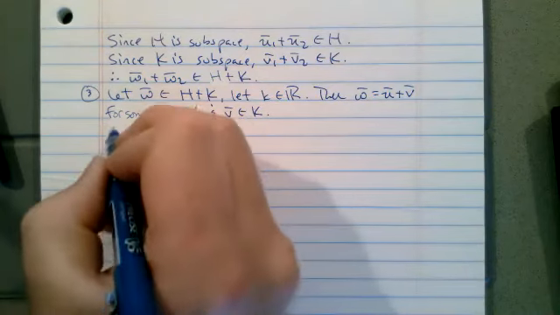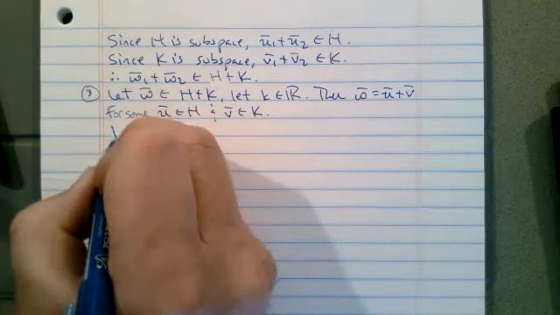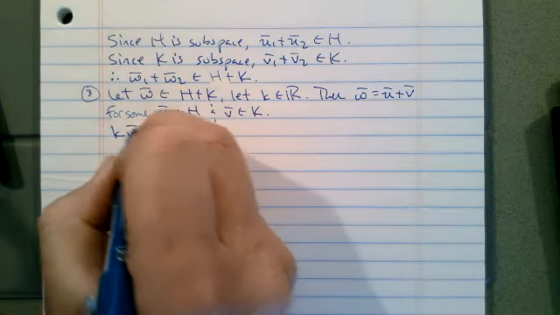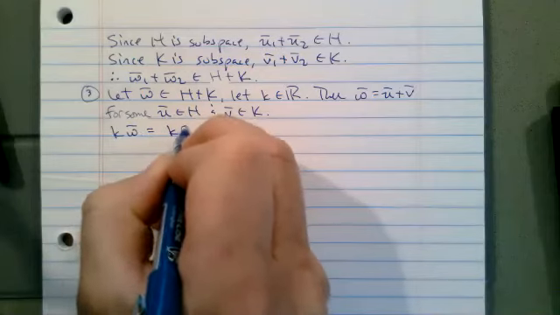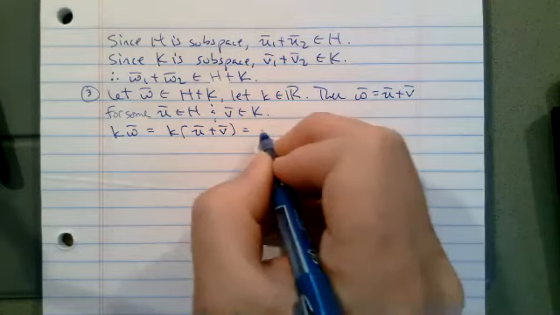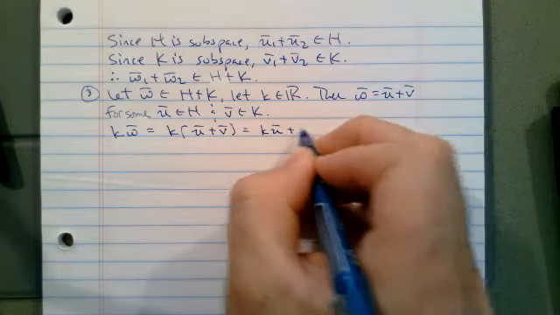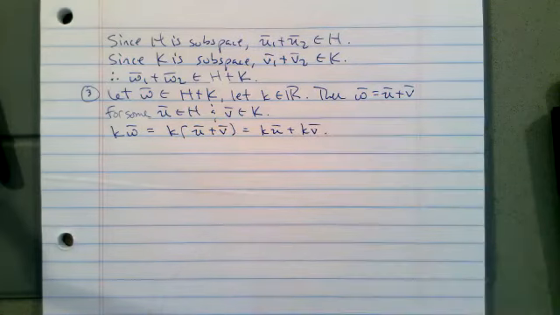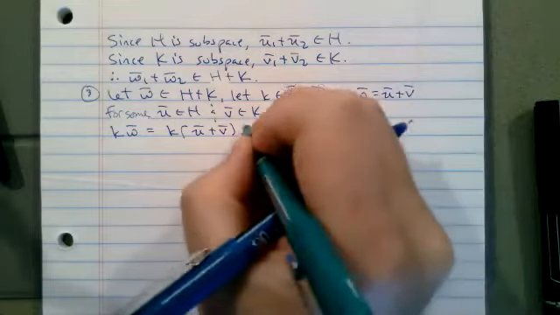If I multiply K times W, that's just going to be K times the sum of U plus V, and that will just be K times U plus K times V. This is just using vector space axioms.